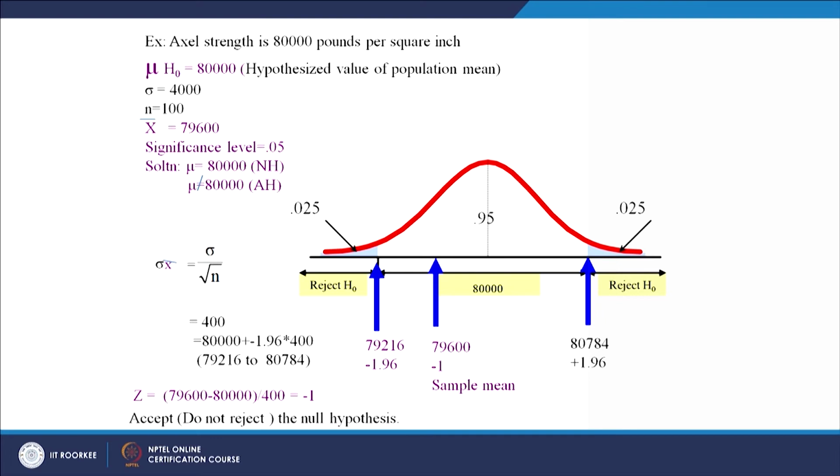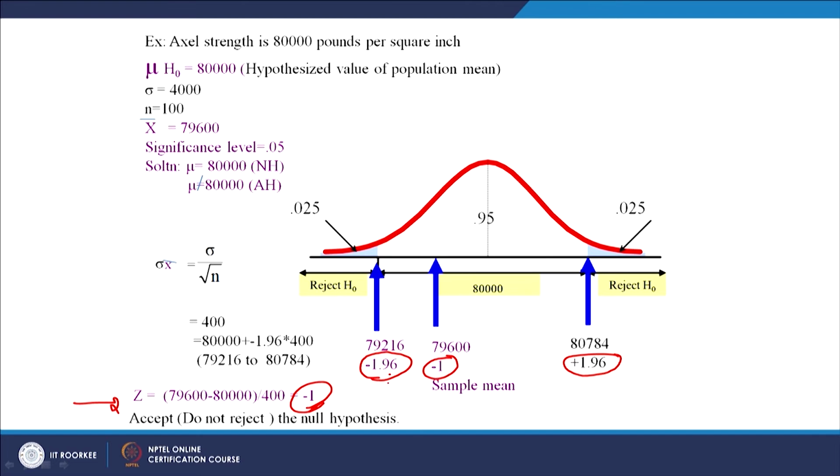The z value which you are calculating is -1. Now, -1 is here, and the table values are minus 1.96 and plus 1.96. So, this z value is in between the critical values.